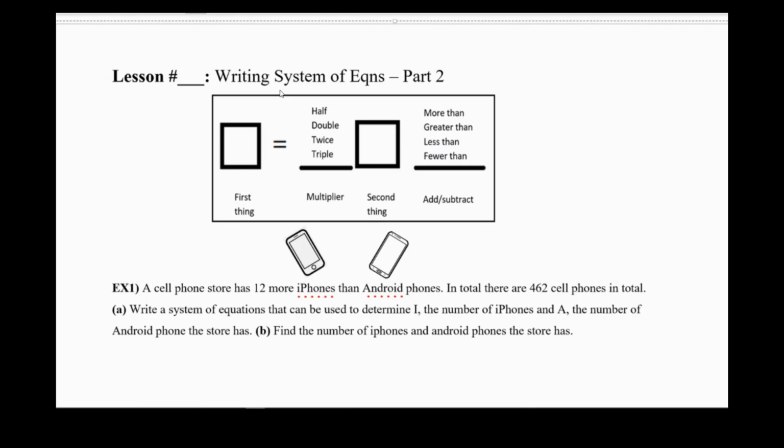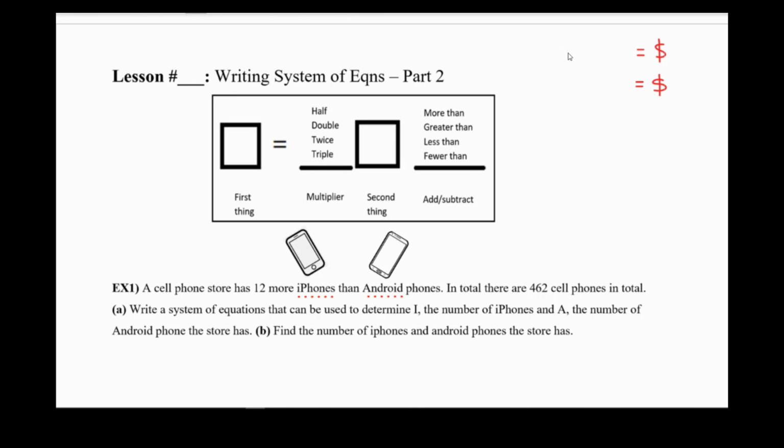Hello and welcome. This lesson is going to be about writing system of equations part 2. And if you remember in the previous assignment, we talked about how there are some system of equations where you're going to have two equations which equals total of money.